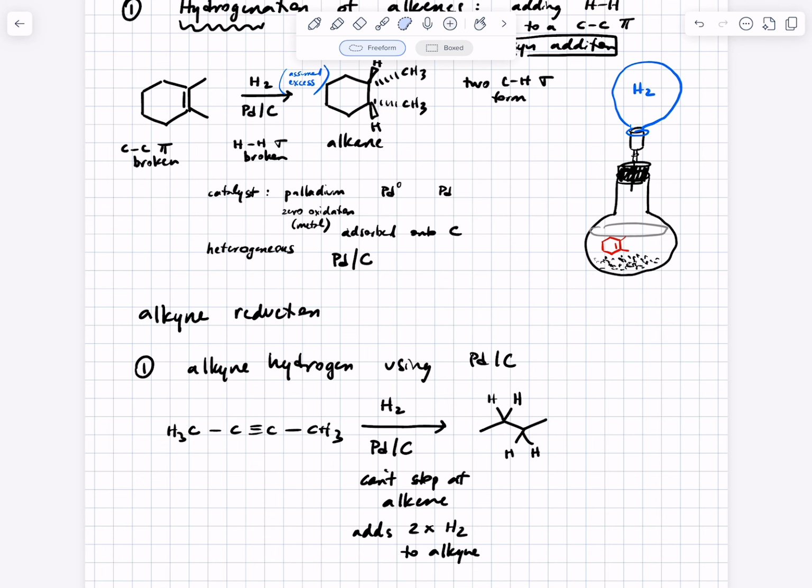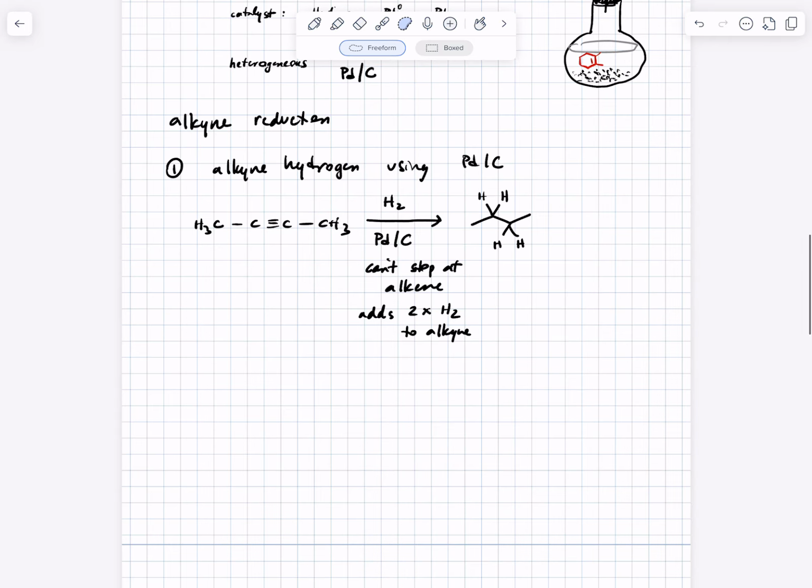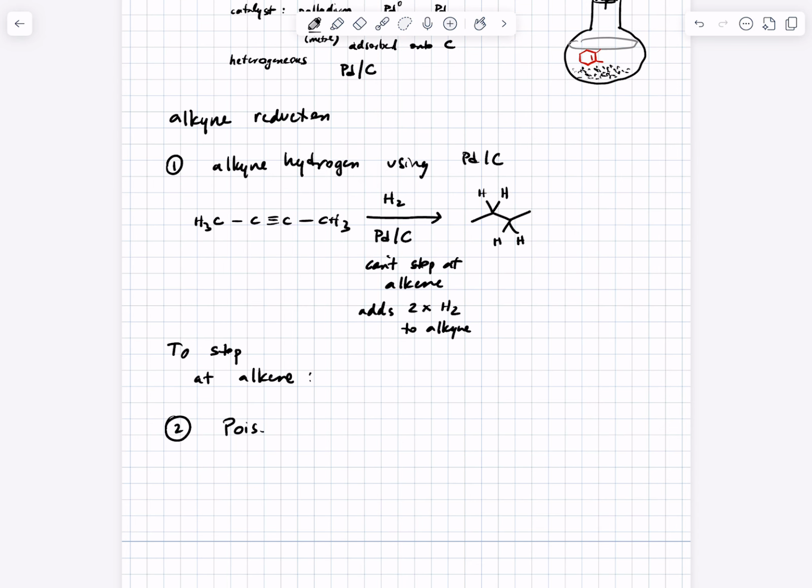Now, the question is, what if you wanted to stop at the alkene for whatever reason? And we have a couple of conditions for that. So, to stop at the alkene oxidation state, the first method is also a catalytic hydrogenation, but you use what's called a poisoned catalyst.